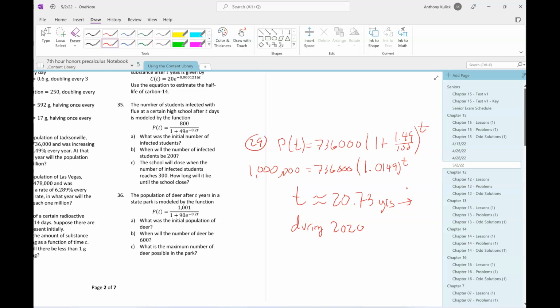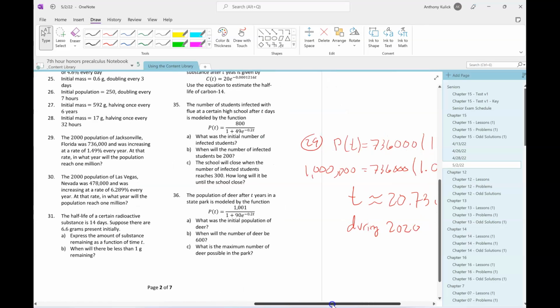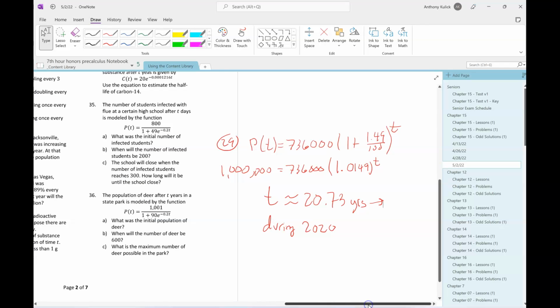You want to say like 2021? Well, it says in what year, so it would have been during the year 2020, right? If the question said like at the start of what year, then it would be rounded up to 2021, regardless of what the decimal point was. So it just kind of depends on the wording there. This one, not so picky.